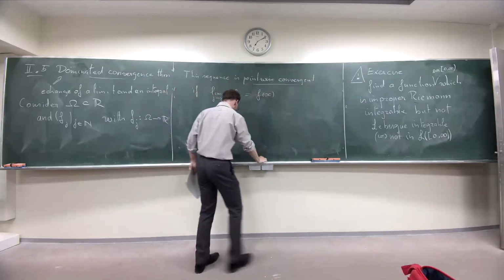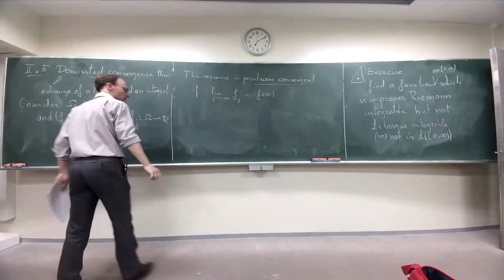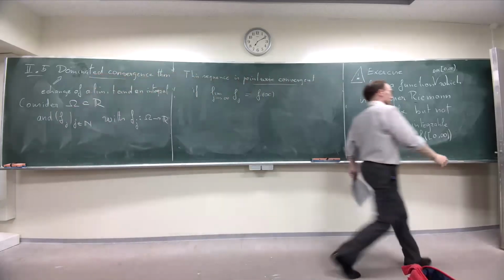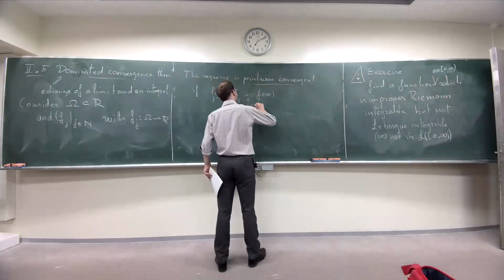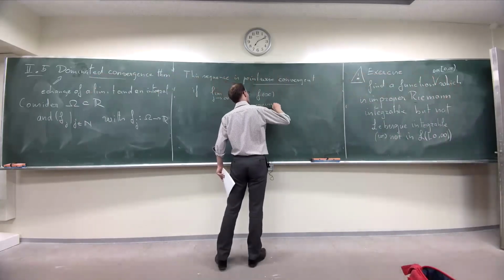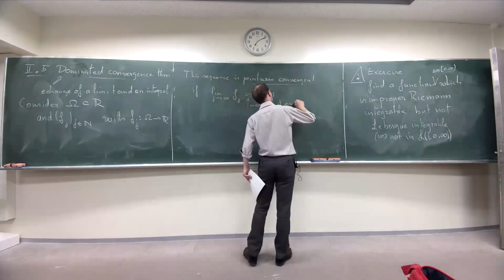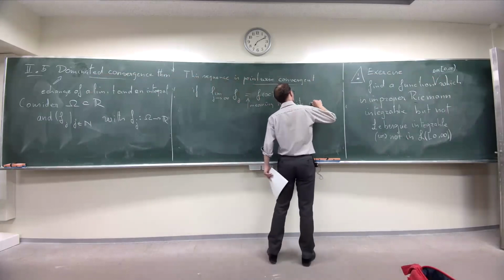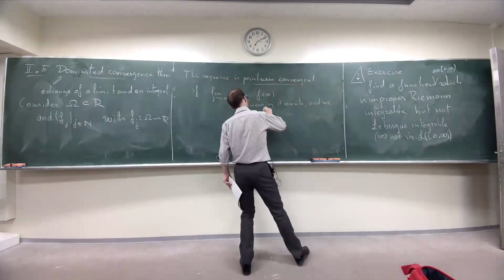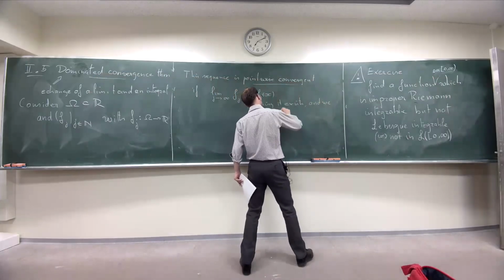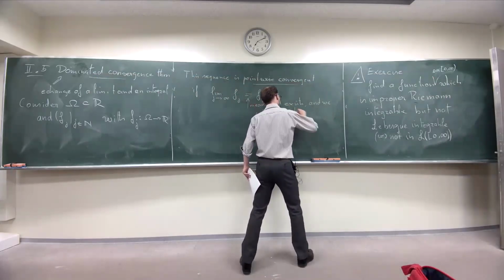What does it mean? If I write it's equal to f(x), it means it exists. Meaning it exists, and we call the limit f(x).